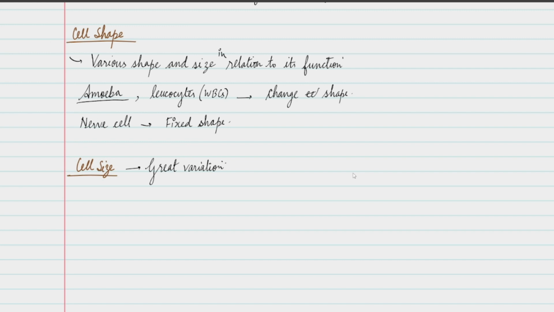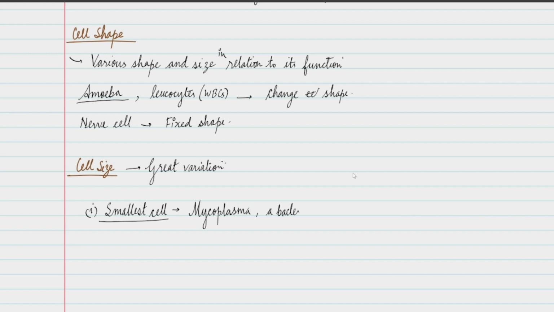Like mycoplasma, which is the smallest cell. Again, from an exam point of view, in MCQs, in any Olympiads or national level exams, you may find these questions. Smallest cell is mycoplasma. Mycoplasma belong to the group of bacteria.